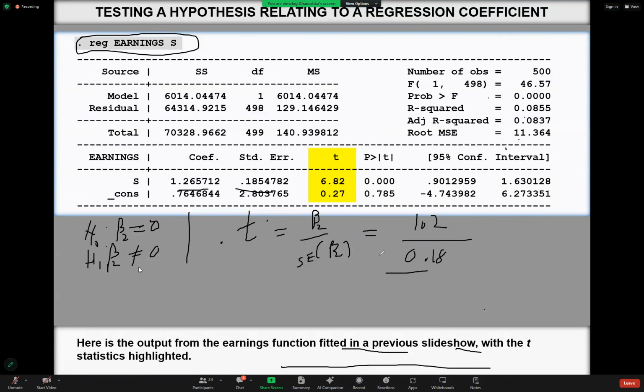Once you divide this, you can see it is equal to 6.8.